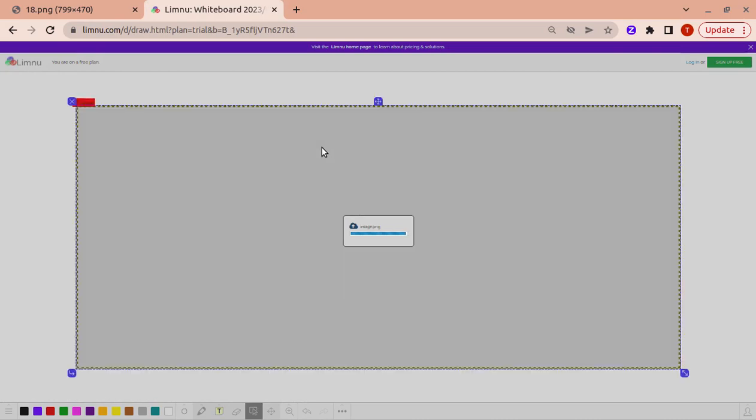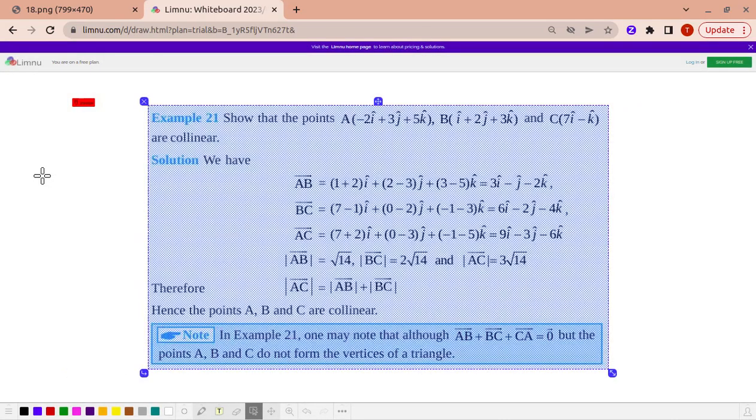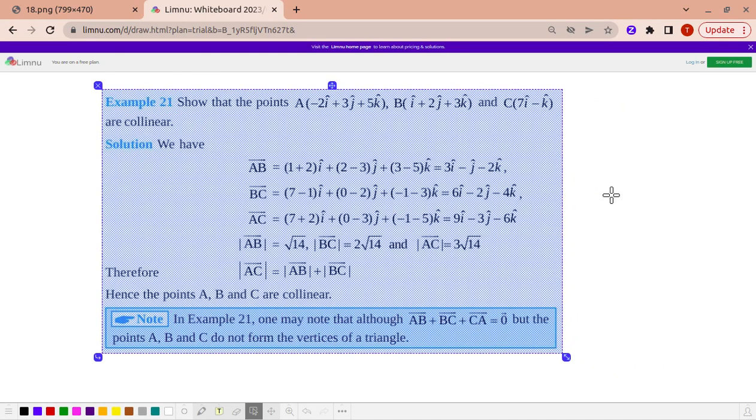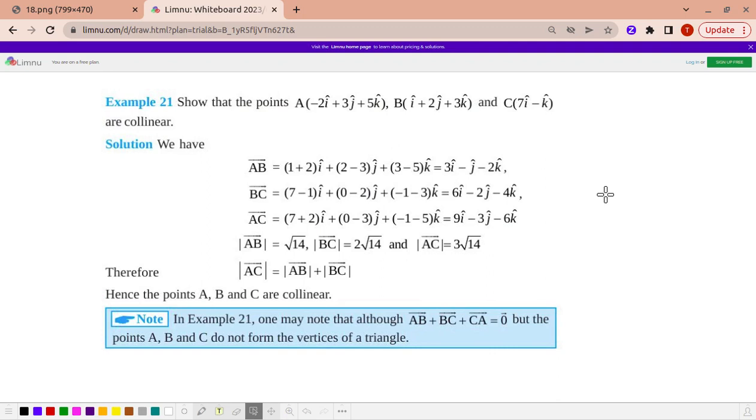The question here is, dear students, that the point A is represented as a vector in component form, that is minus 2 i cap plus 3 j cap plus 5 k cap. That means it is a point in the three-dimensional coordinate system with x coordinate minus 2, y coordinate 3 and z coordinate 5.